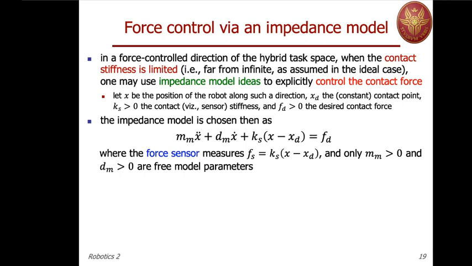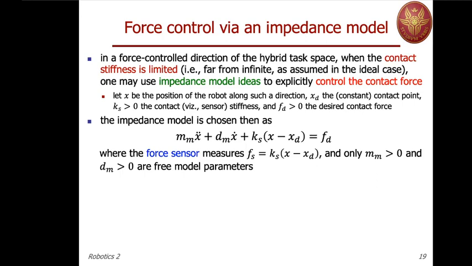And now the third term, the stiffness, however, is not of free choice. It is in fact Ks times x minus xd, which is nothing else than the measurement by the force sensor, if Ks can be taken as the force sensor stiffness, so the most compliant element in the contact. So only the apparent inertia and the apparent damping can be chosen as free parameters in this impedance model.